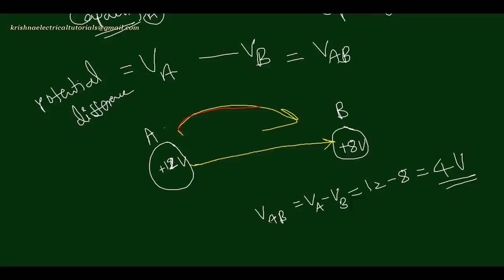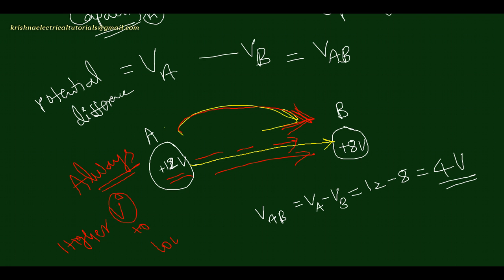From A to B. So in this way we will identify the direction of the current. The direction of the current is always from higher potential to lower potential. This is a standard notation. Always from higher V to lower V. Okay.